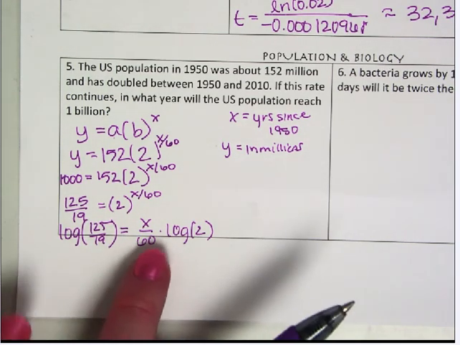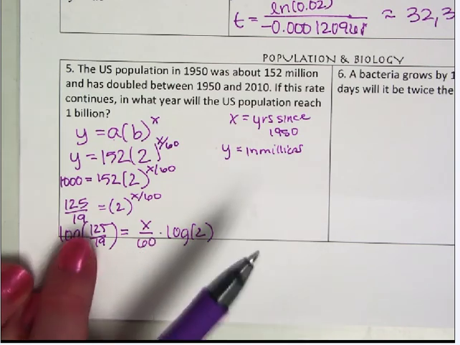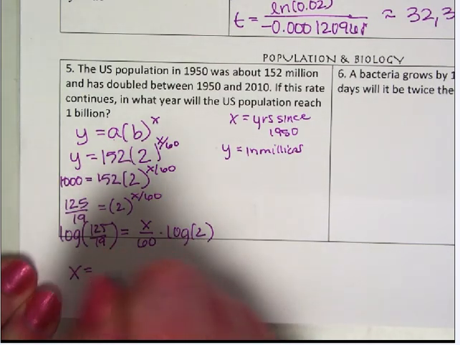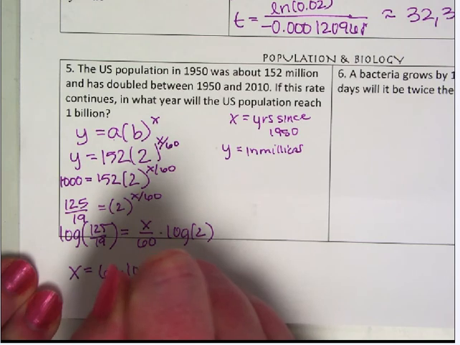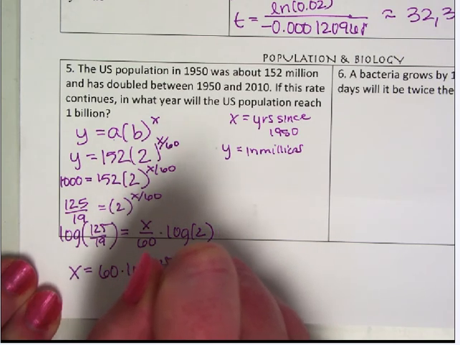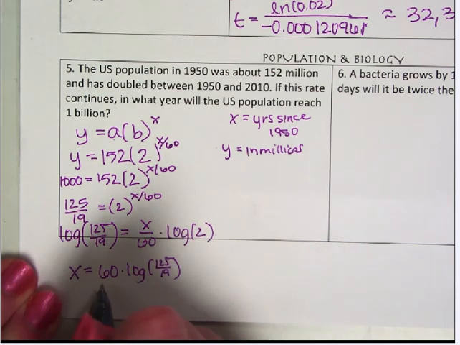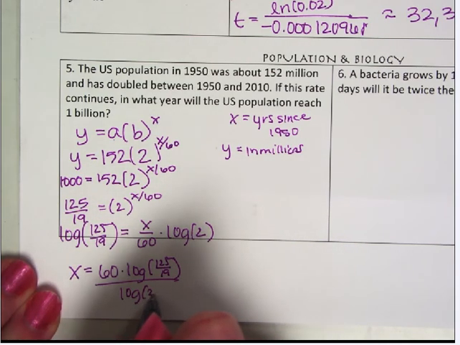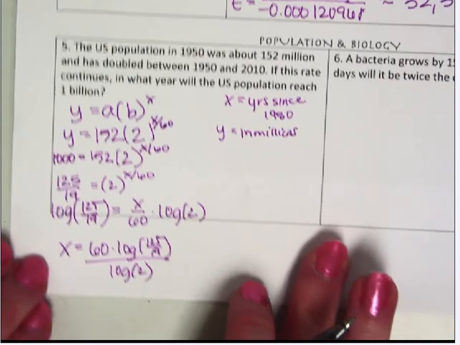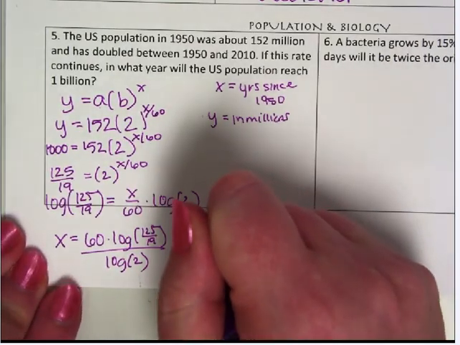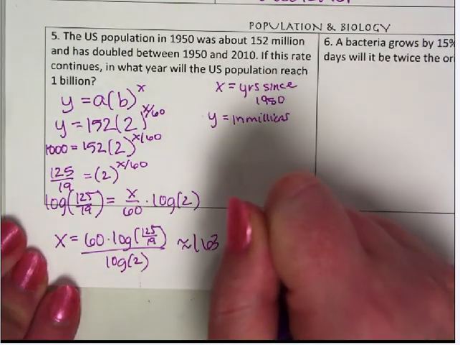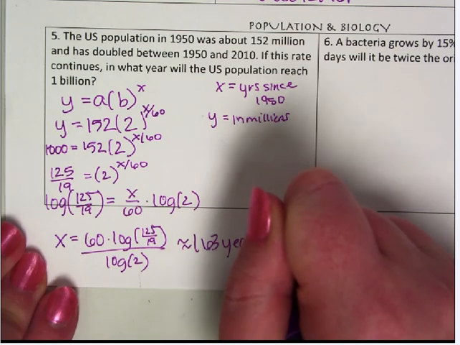To get x by itself, I'm going to multiply both sides by 60. So it's going to be 60 times log of 125/19, and then I would have to divide by log of 2. That's the exact answer. The approximate answer is 163 years.